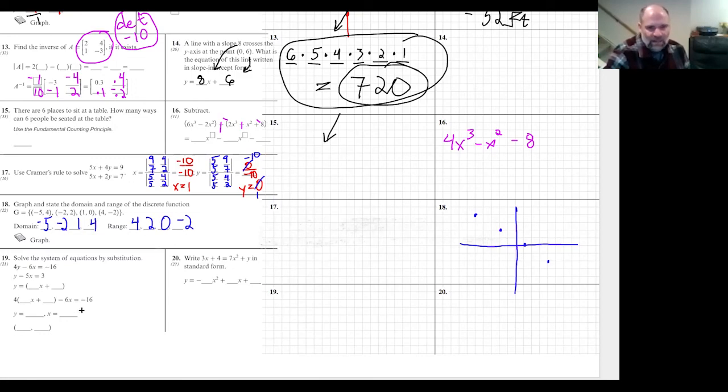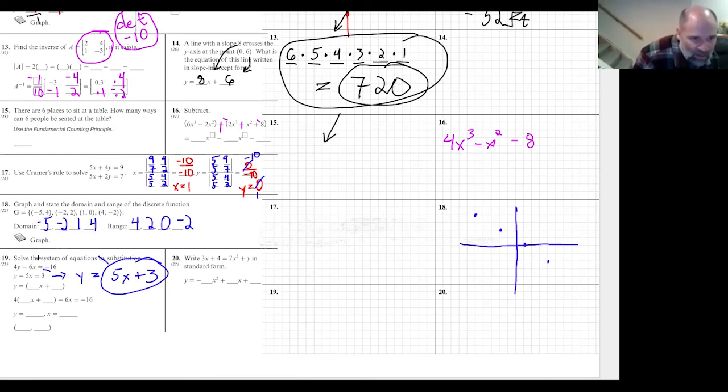All right, number 19, solve by substitution. All right, that's nice. So I'm gonna do this. Since y is almost by itself, you put that negative 5x over there and it's 5x plus 3. So this is what we're plugging in to that y right there.